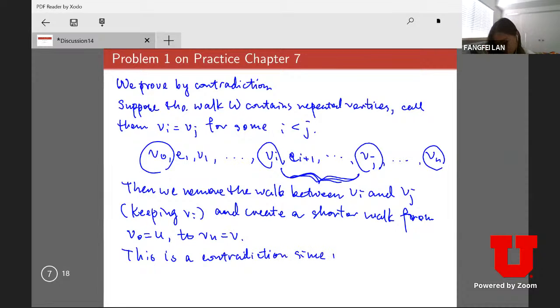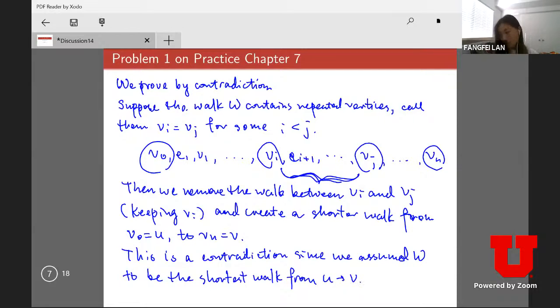Since we assumed W to be the shortest walk from U to V, therefore W is the path that we're looking for.